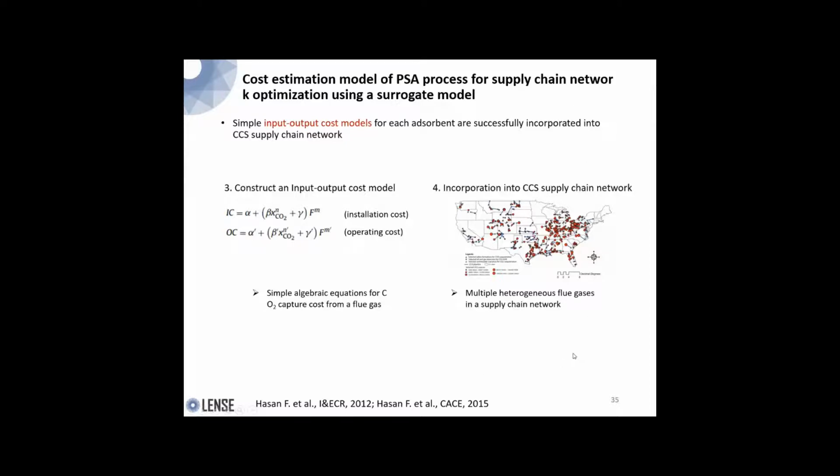So you cannot use this original rigorous fundamental model to create this optimal supply chain network. That's impossible. It just takes too much computation, right? So a surrogate model can be effectively used to represent something very complex like that at a higher level task, like the supply chain network design.